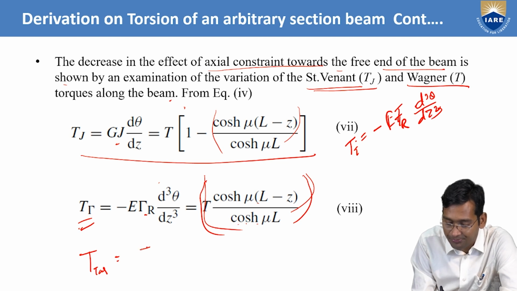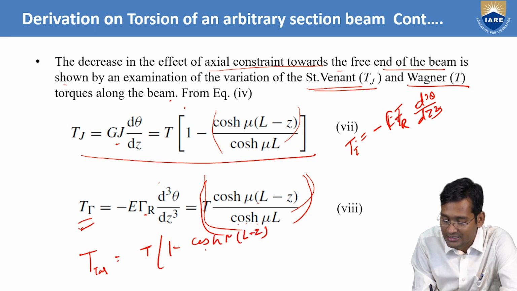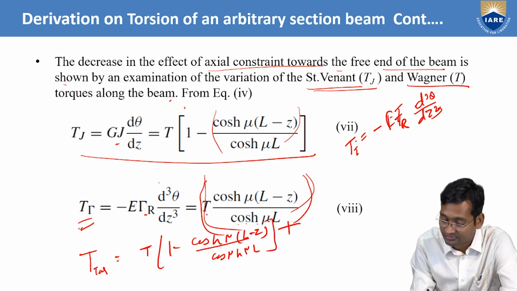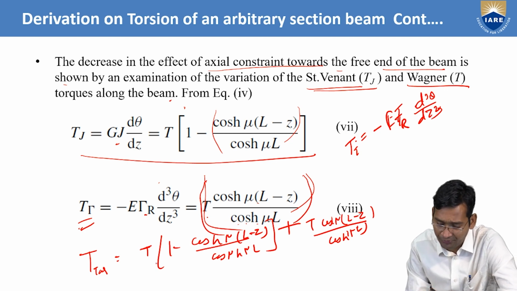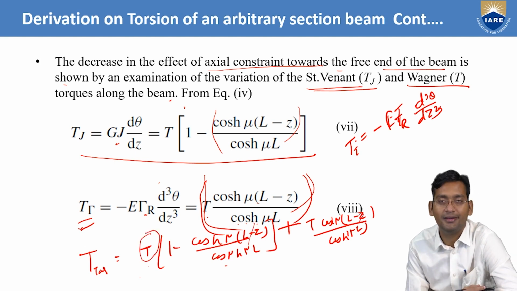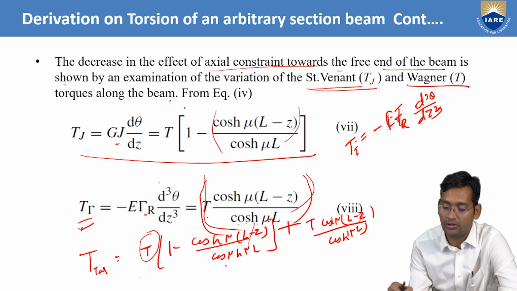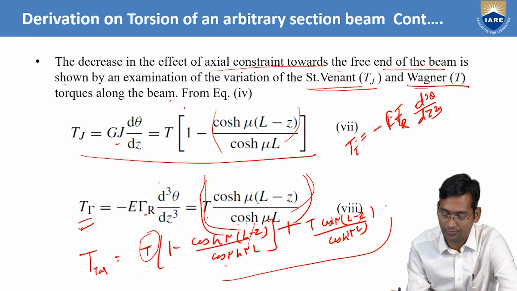This term: T into 1 minus cosh μ(L minus z) by cosh μL, plus this term, T cosh μ(L minus z) by cosh μL. Now we can take T common, the cosh terms get cancelled, and finally we get the total torque as only T. That is from Wagner and Saint-Venant.